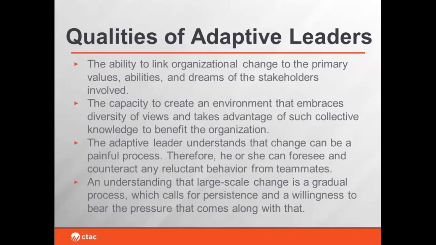So, a couple of qualities of adaptive leaders. One of the things adaptive leaders do is they link the organizational change that they're trying to make to the core values and dreams of the stakeholders involved. And I just want to share with you, I feel like a mistake I made when I was in a leadership role was to constantly explain to my team what the pressures were that I was under.